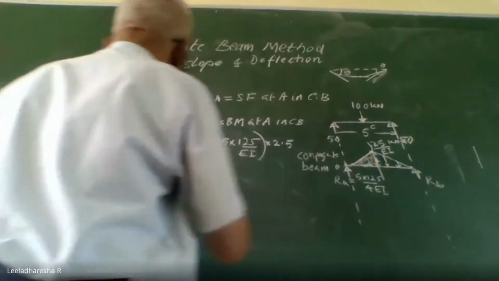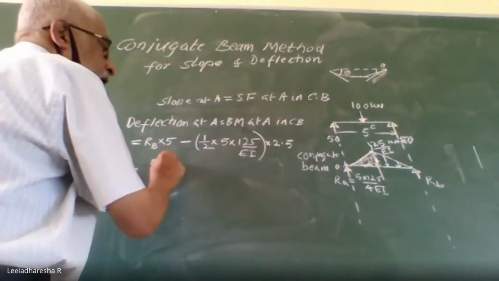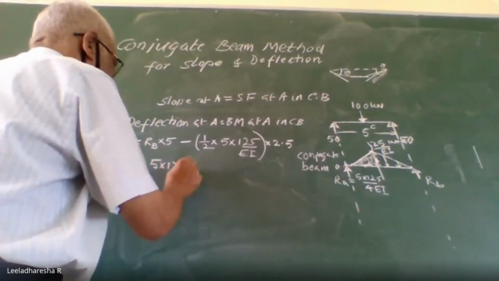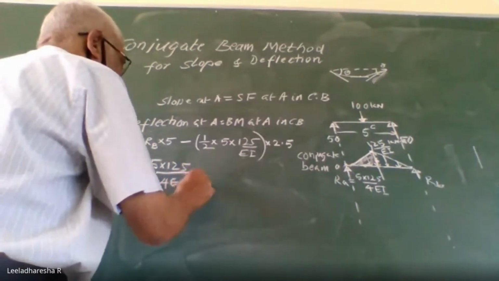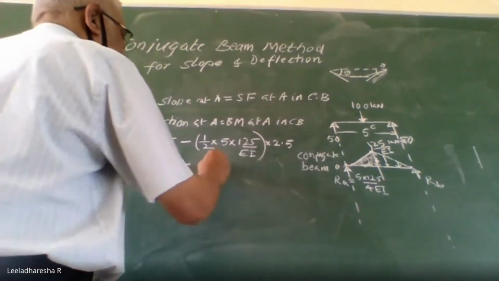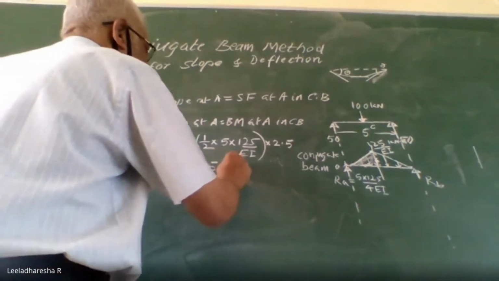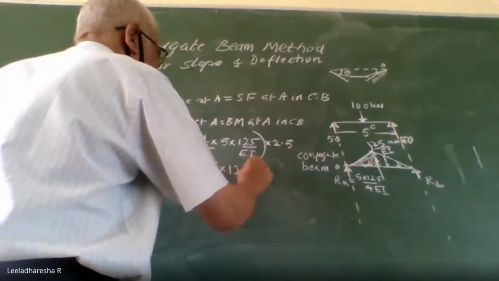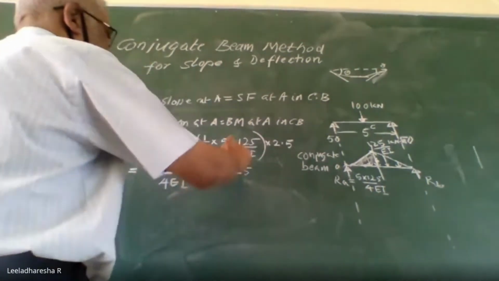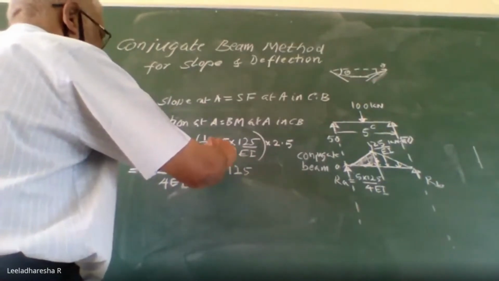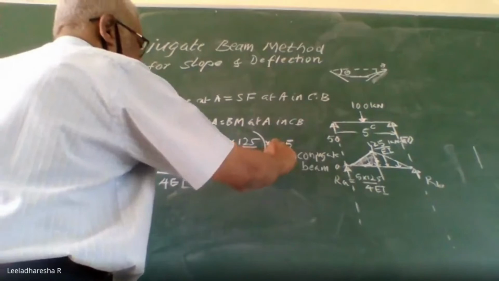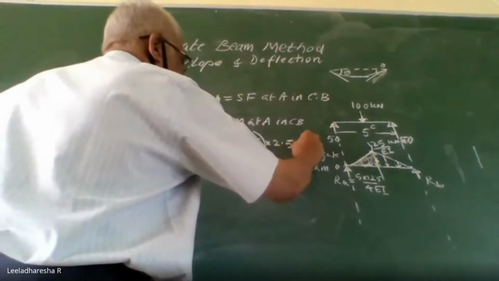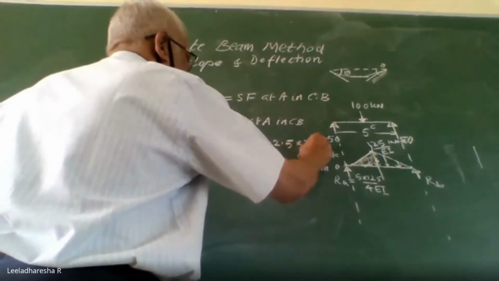It is 5 into 125 by 4 EI minus 5 into 125 by EI. You can calculate this. Multiply this.